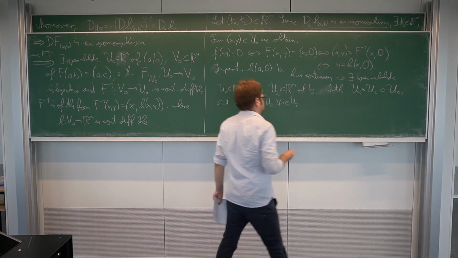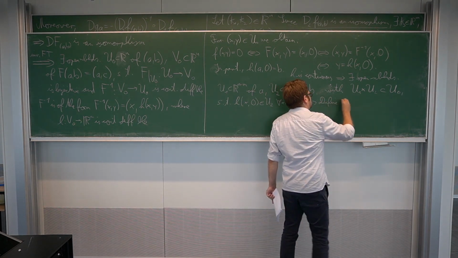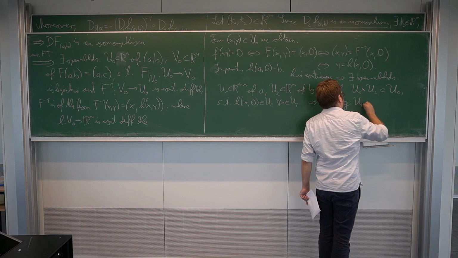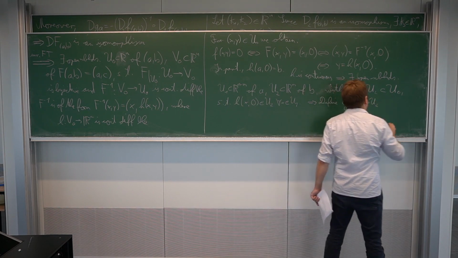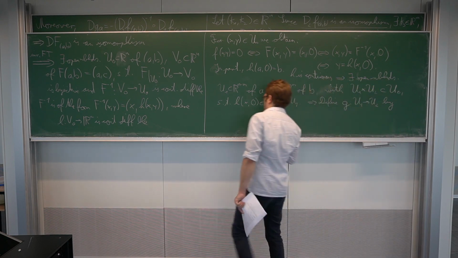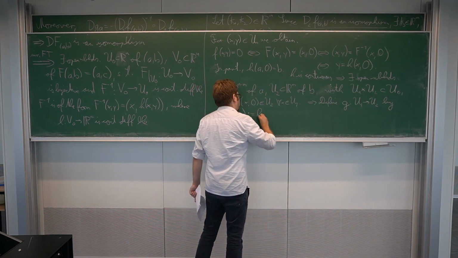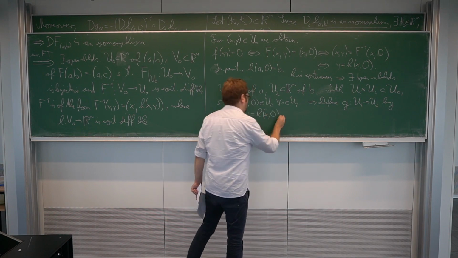So this works. This means we can define g from u1 to u2, our implicit function now, by just taking g of x as h of x0.